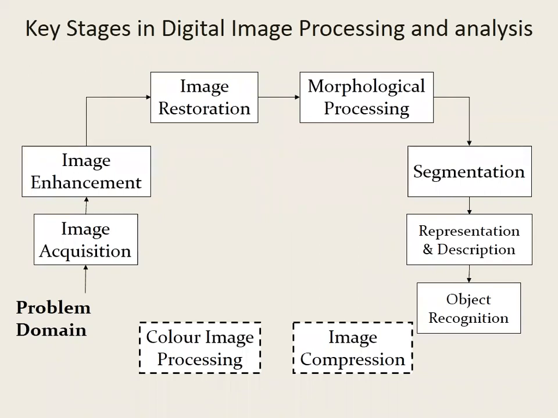So in general, these are the major steps in image processing. In any image processing, the first step is defining the problem. Whether you are doing a project or research, the first step is the problem. So in that given domain, we have to define the problem.